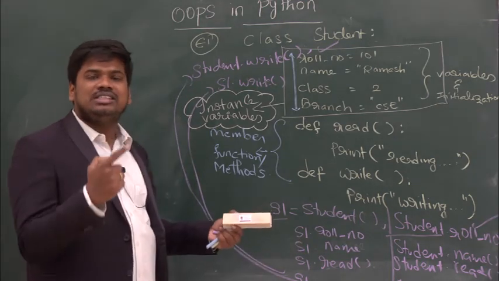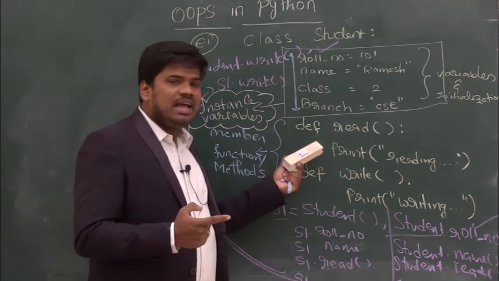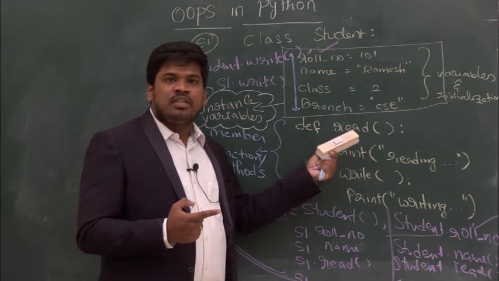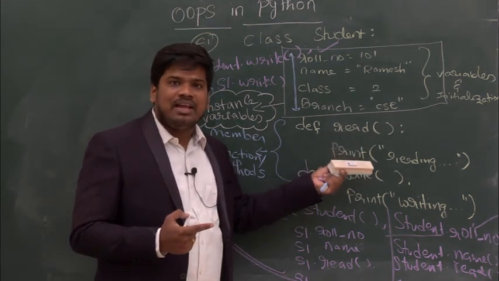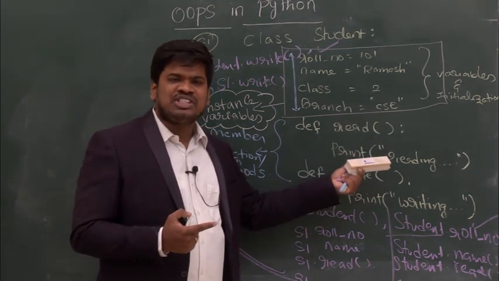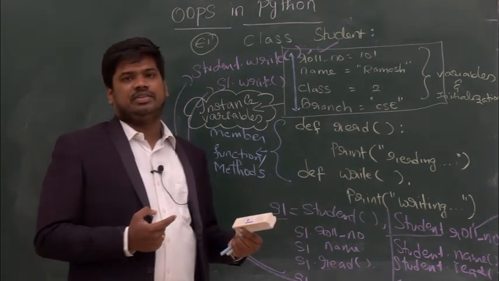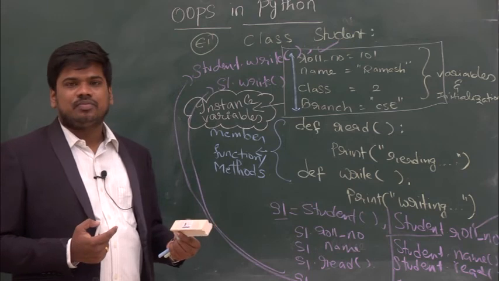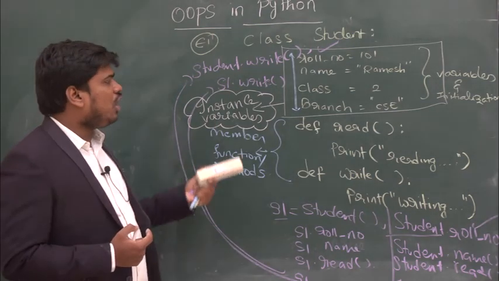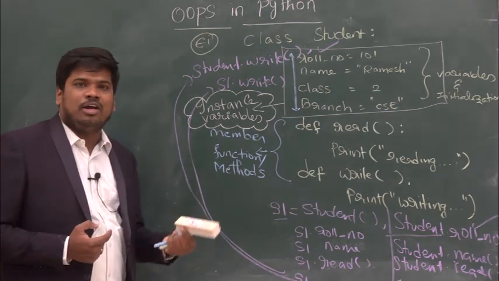And what is a local variable? Whenever you write any variable inside my function, those variables are known as my local variables. Is it clear? So this is all about a class and an object.